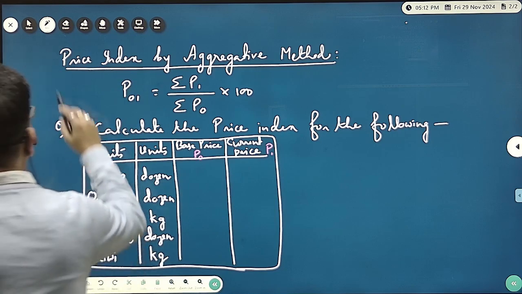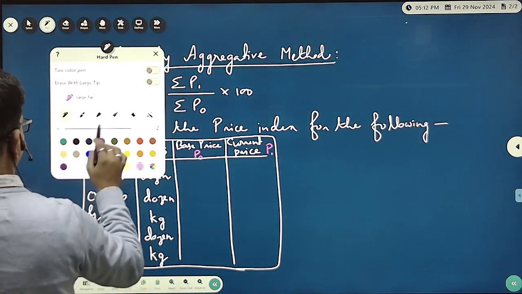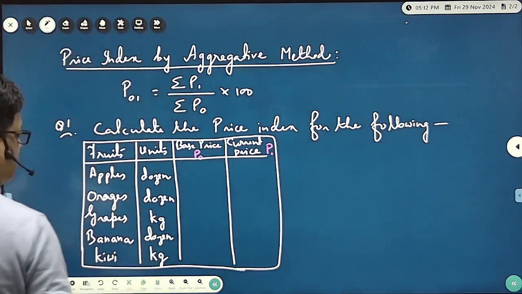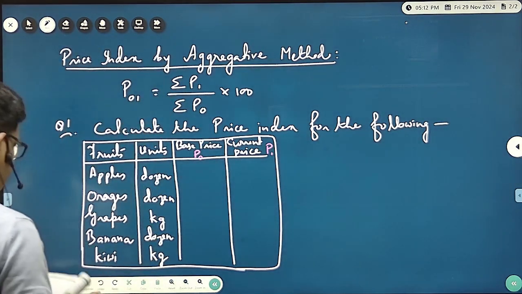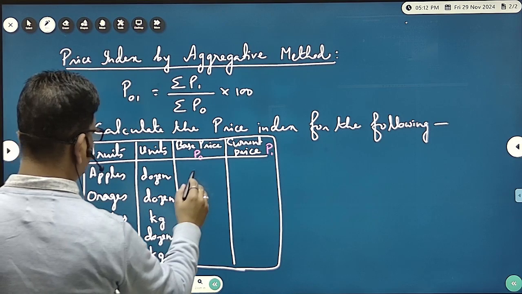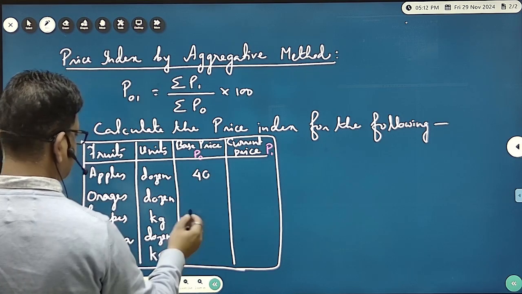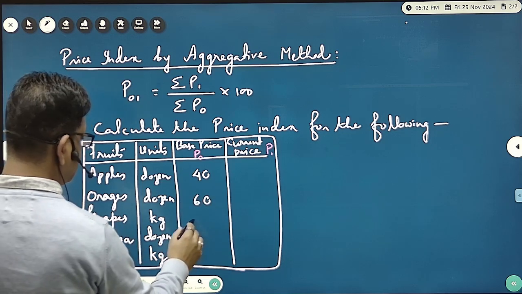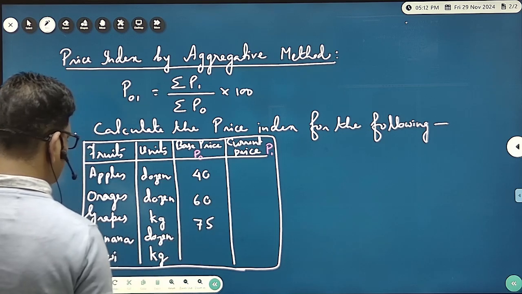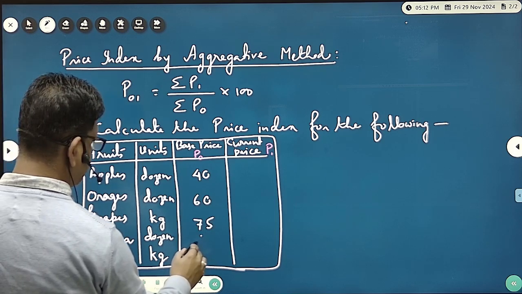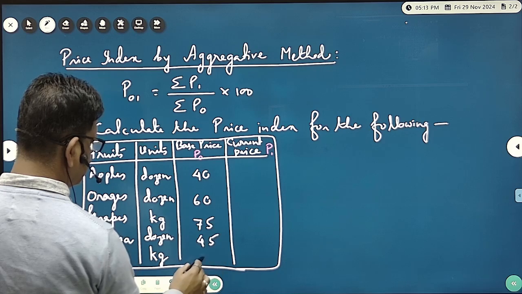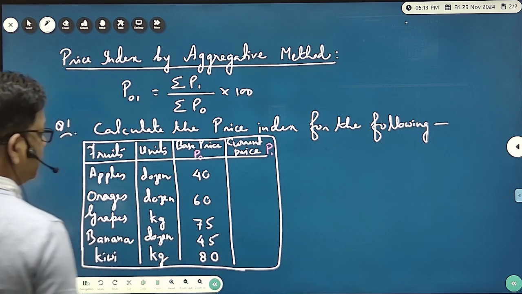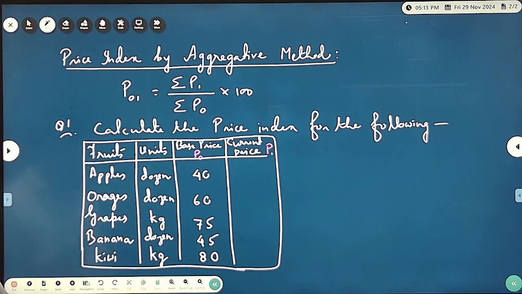Now suppose I have the base price of all these items, suppose it was 40, suppose here 60, I am taking easy example, suppose 75, suppose per dozen 45, and suppose here 80. Now, this is the base price, original price.